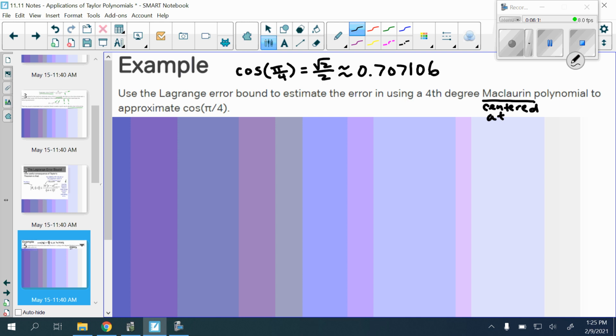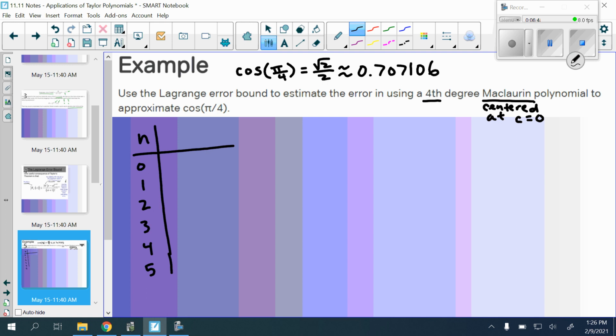Some people use a, some use c, but we'll use c here. We know we're going to need to do this for some different values of n, and they said to use a 4th degree one here. So we're going to calculate this out.